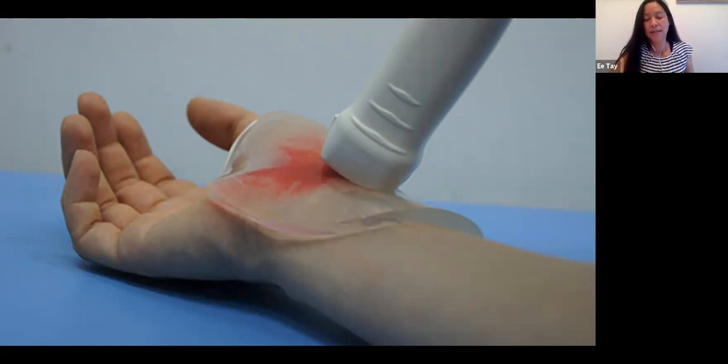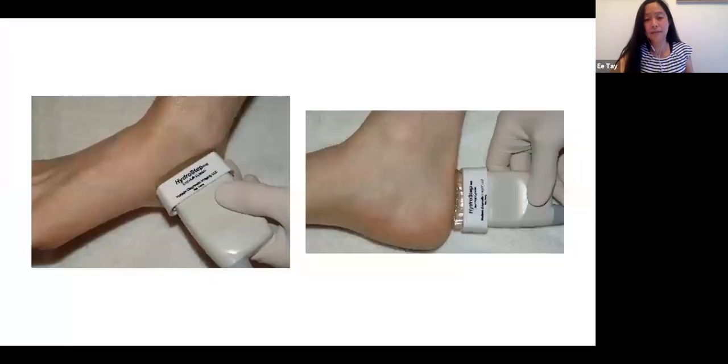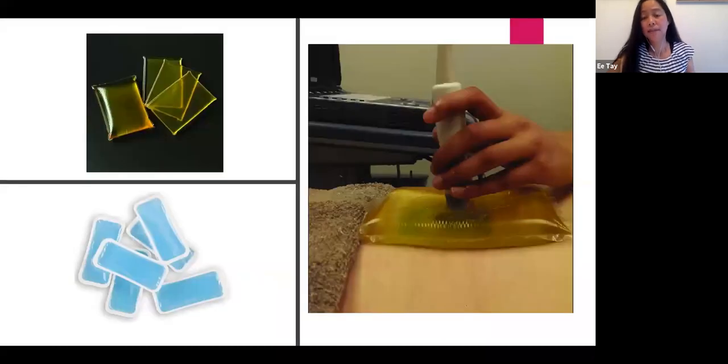But these days they require contact, are one-time use, and can be fairly expensive. They have different types out there, ones that can conform to the shape of whatever MSK you're ultrasounding. But honestly, if I were to ultrasound this part of the body, I probably would just end up using a water bath.